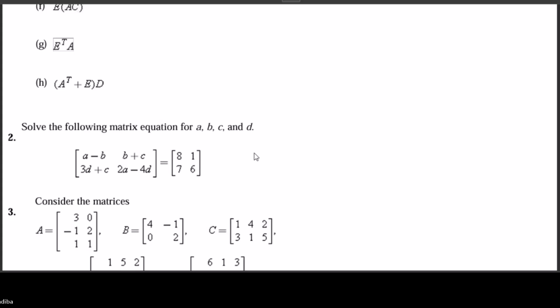What do you get? A minus 2D equals 3. Yes, very good. Okay, now make A the subject. 3 plus 2D. Yes, okay, that is fine.